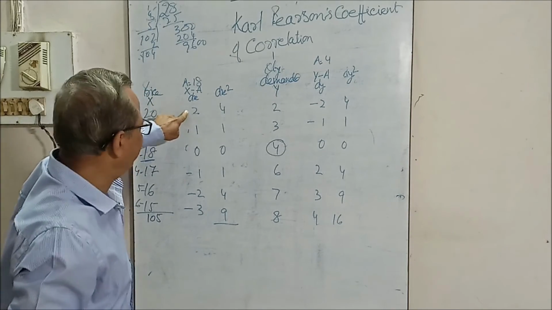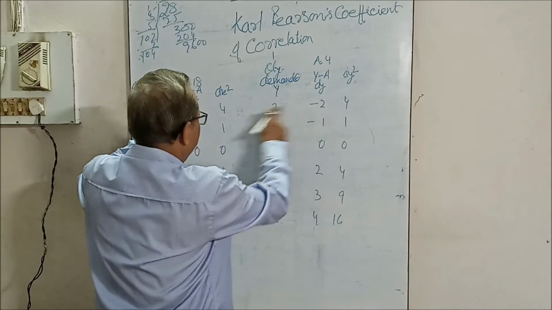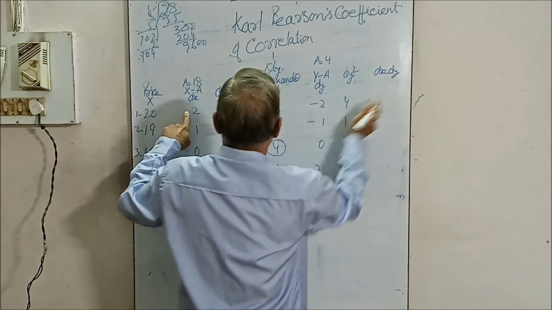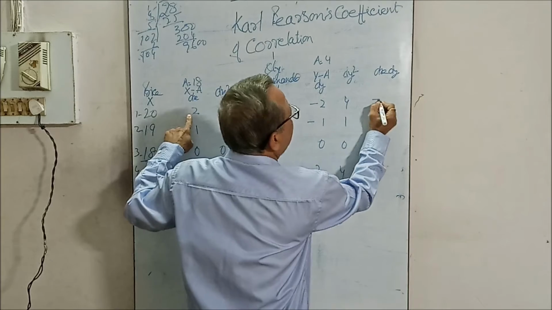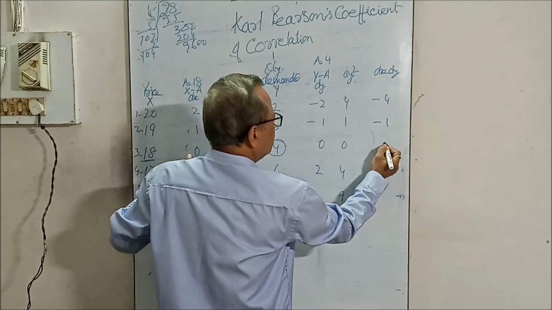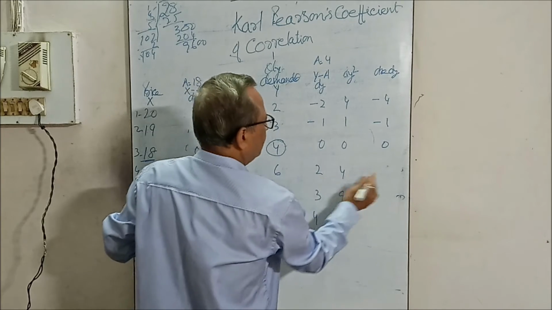Now multiply dx and dy. 2 into minus 2 is minus 4, minus 1, 0, minus 4.